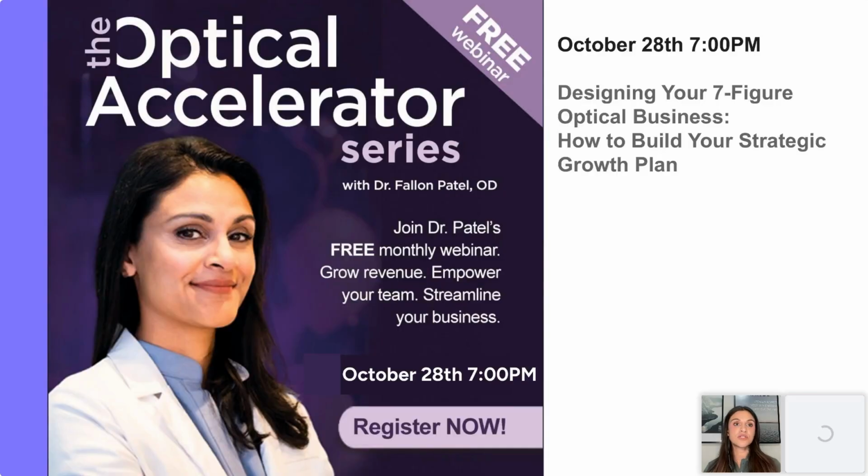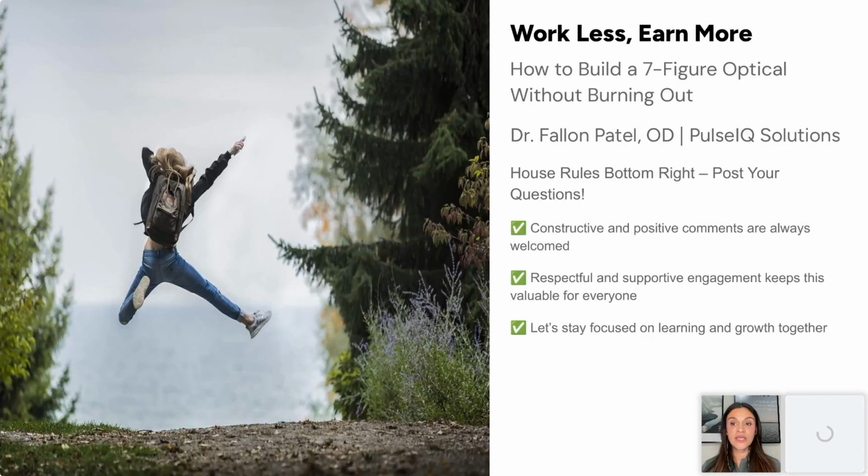So we want to give you some low-hanging fruit tools that you can implement today and start generating more revenue in your optical business. And once that starts to fireball, you know what they say, cash flow can really solve a whole lot of problems. So let's begin.